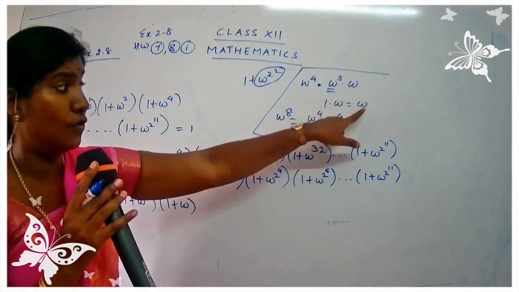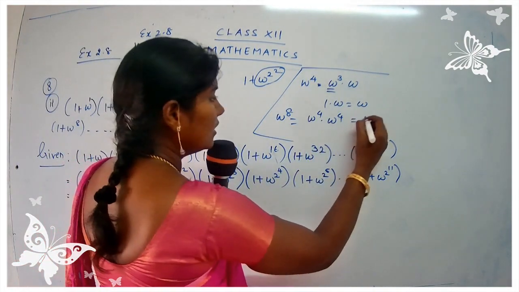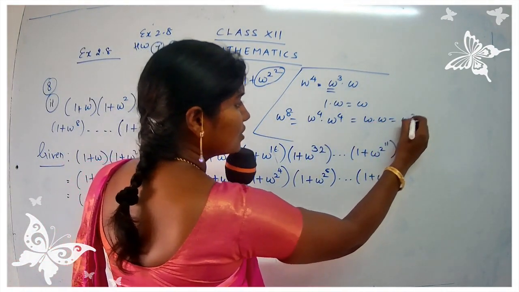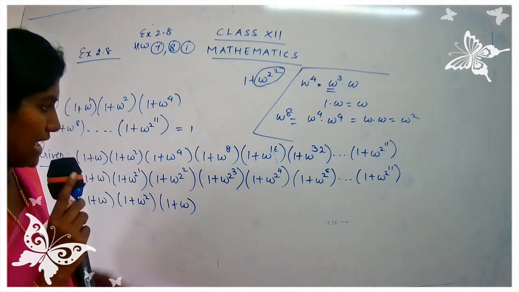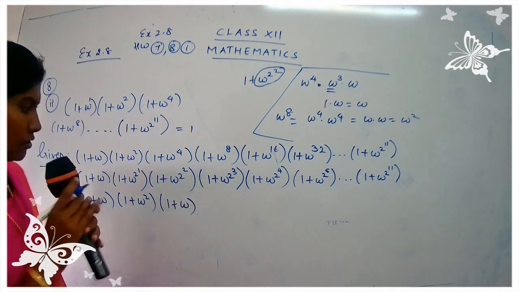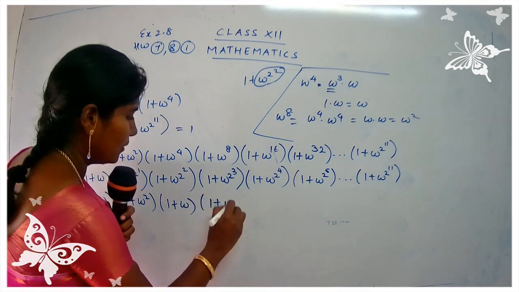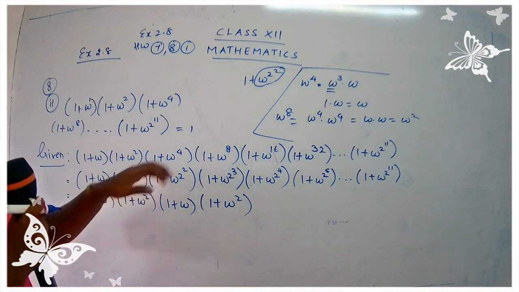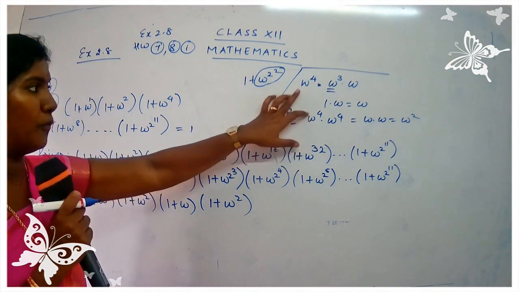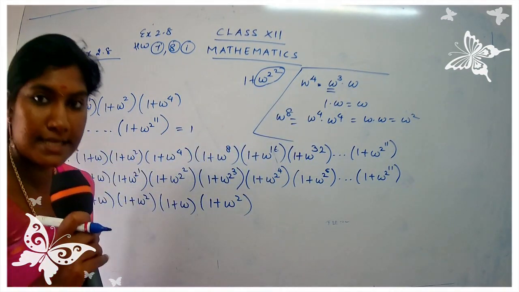Again, it's omega. So what do you get here? Omega into omega, which is omega square. Getting my point? So we have simplified the next bracket also. I get 1 plus omega square. Okay? Clear? So when we simplified omega raised to 4, I got the answer as omega.